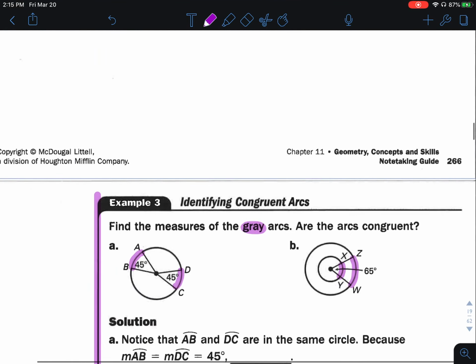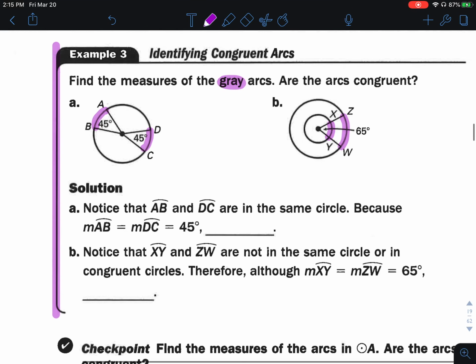Let's go down to example 3. Find the measure of the gray arcs. Again, in this case, I labeled them in purple. It's a little bit better to see in purple. Are the arcs congruent? So let's talk about A. Notice that arc AB and DC are in the same circle.